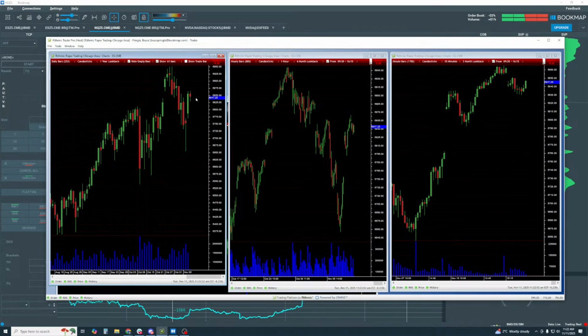Okay, so daily still hanging in there. I'm still looking for a choppy day basically. After these two big moves up to these swings, we still have these jitters about tech and about overvalued stocks.